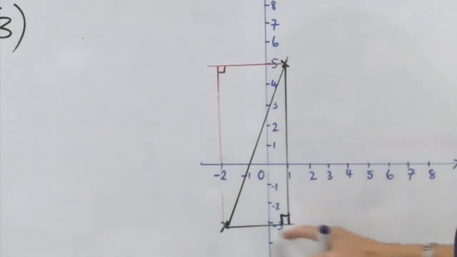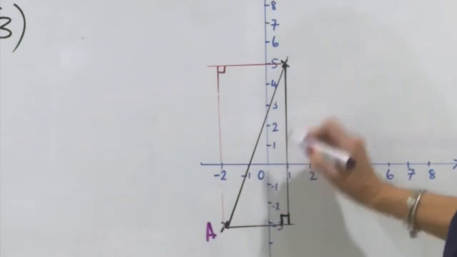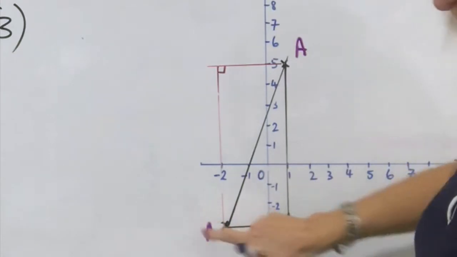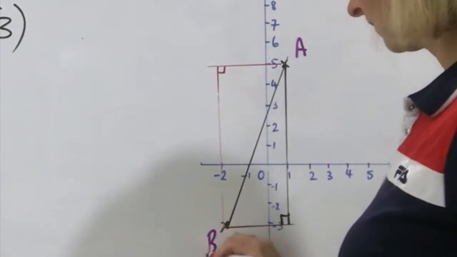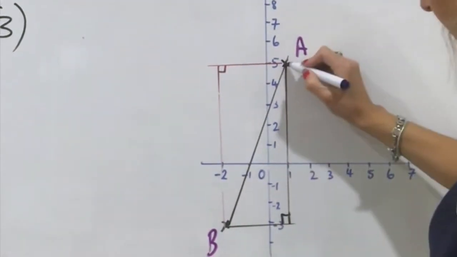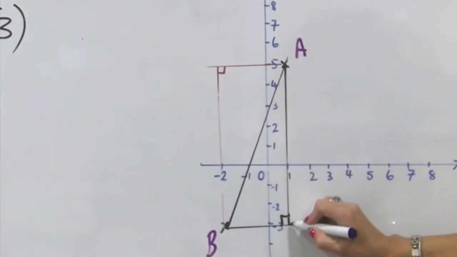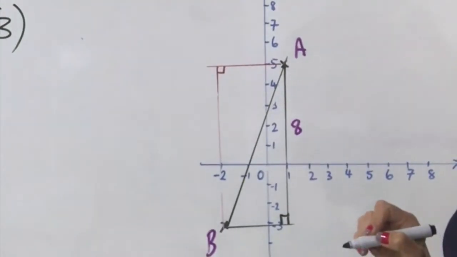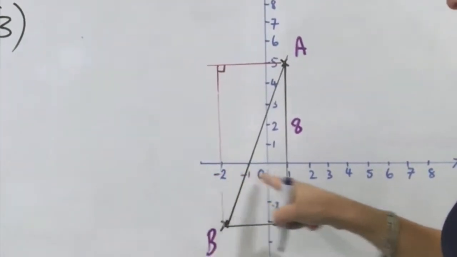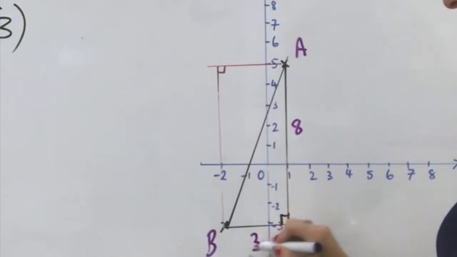I now need to find the distance between A and B. So I need to find the length of this line, which is from 5 to -3, which is 8. Be careful of the minuses. And the distance between -2 and 1 is 3.